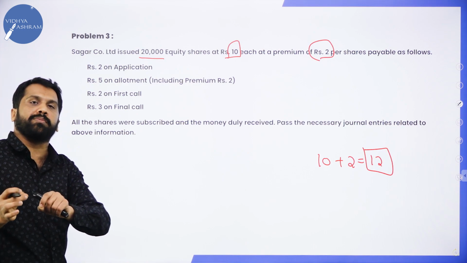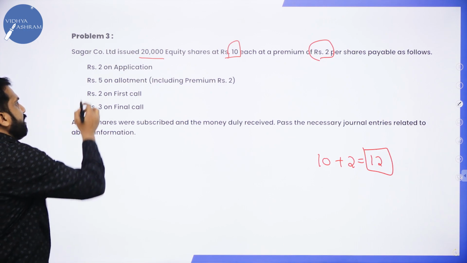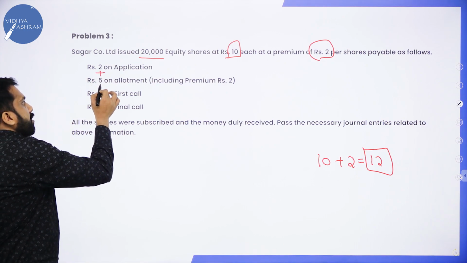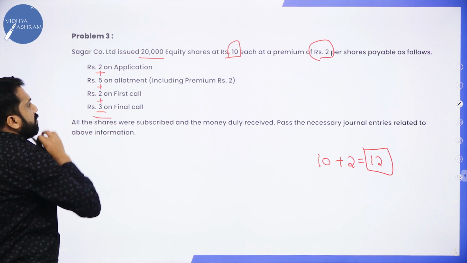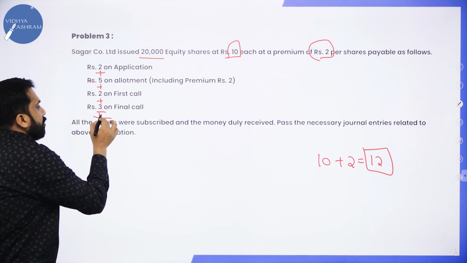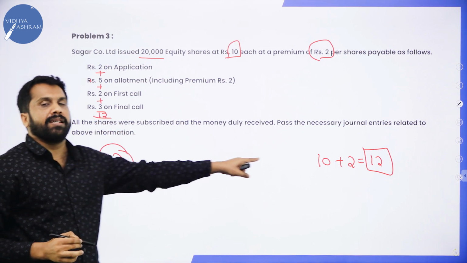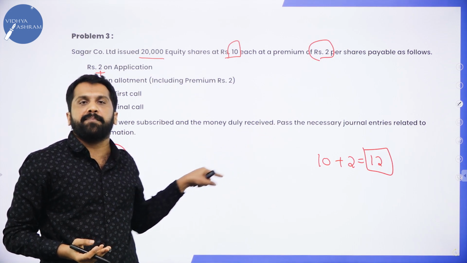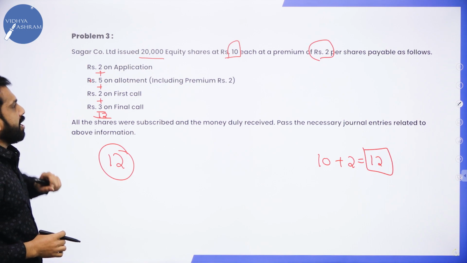The total should match that value. Application 2, allotment 5, first call 2, final call 3. What is the total? 7, 9 and the total is 12. So here also 12, there also 12, same value. Clear?